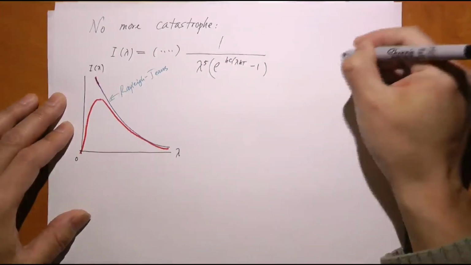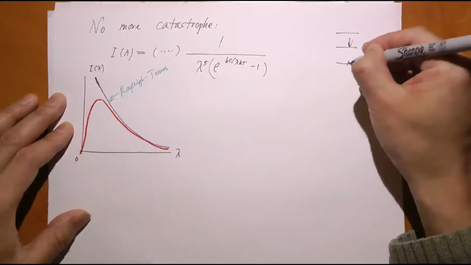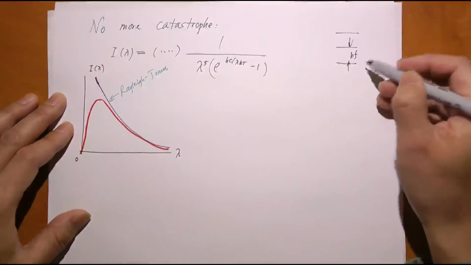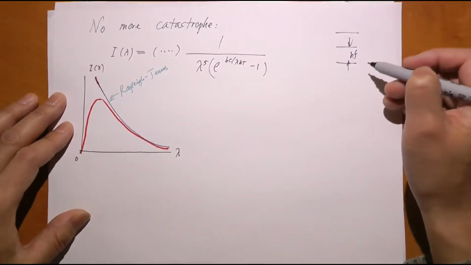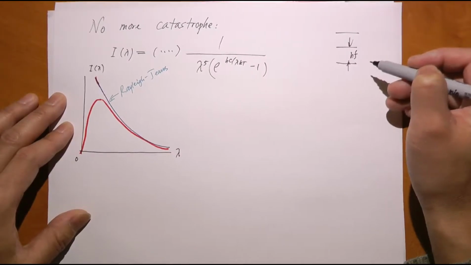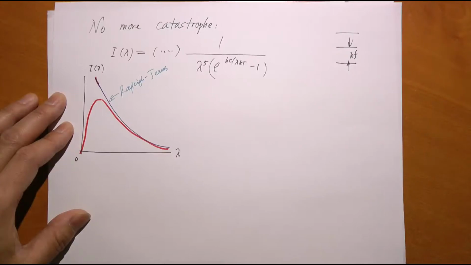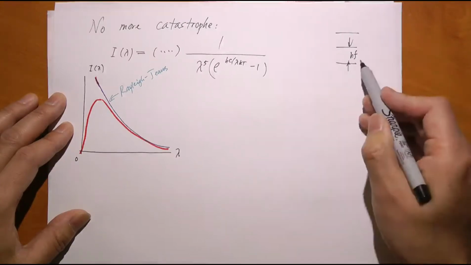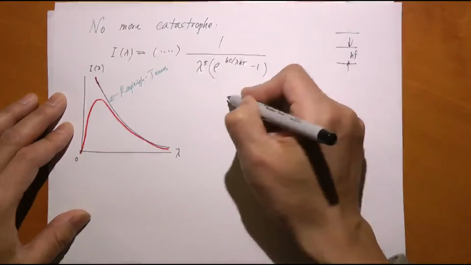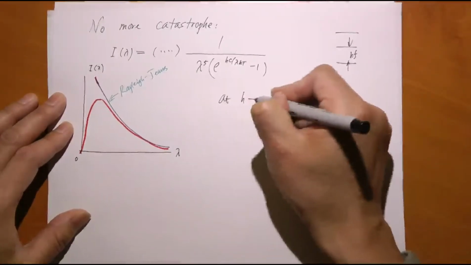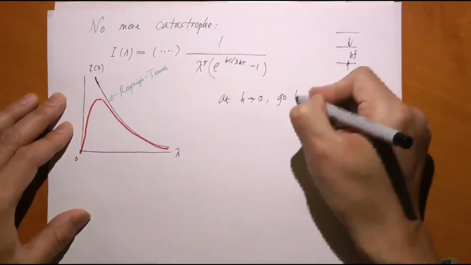And the quantization of energy means there is an energy gap of h times f. If this gap approaches 0, no quantization would exist, and as a result, you would have no quantum behavior. Everything should go back to classical physics. And for a fixed frequency, how do you make this gap go to 0? You take h equal to 0. So at h approaching 0, you go back to classical physics, okay?